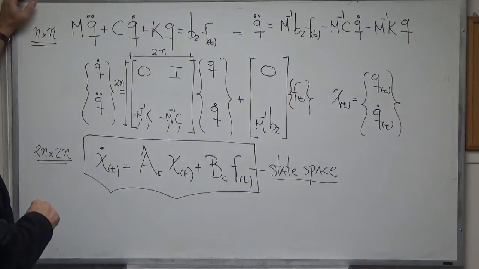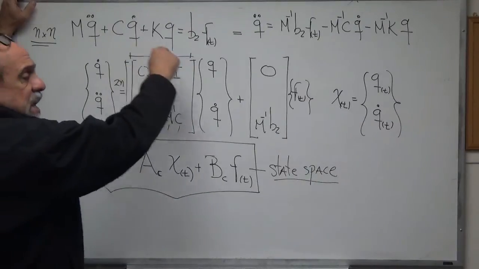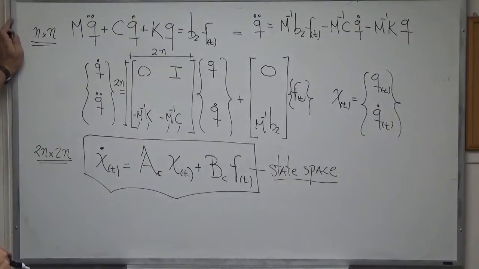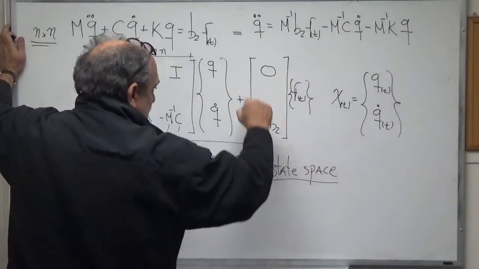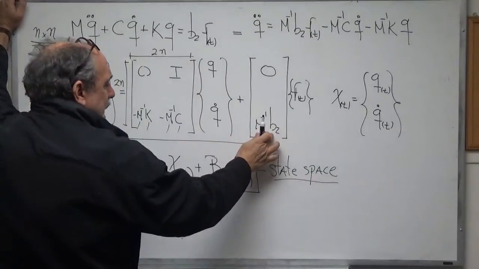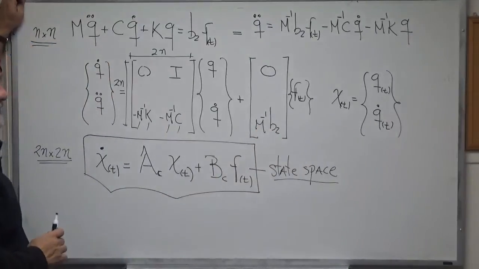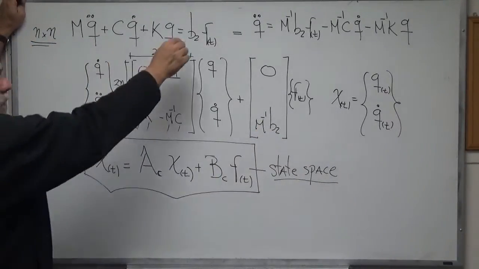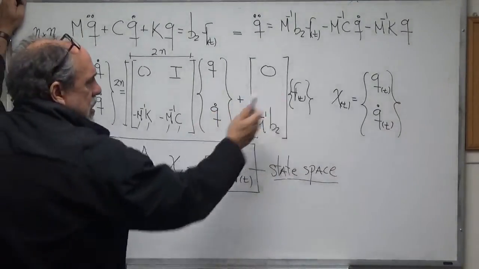So all the properties of the system are reflected in the matrix A. The matrix BC depends on the inverse of the mass and on the distribution that the loads have, which is B2, and F(t) is, of course, the loads.